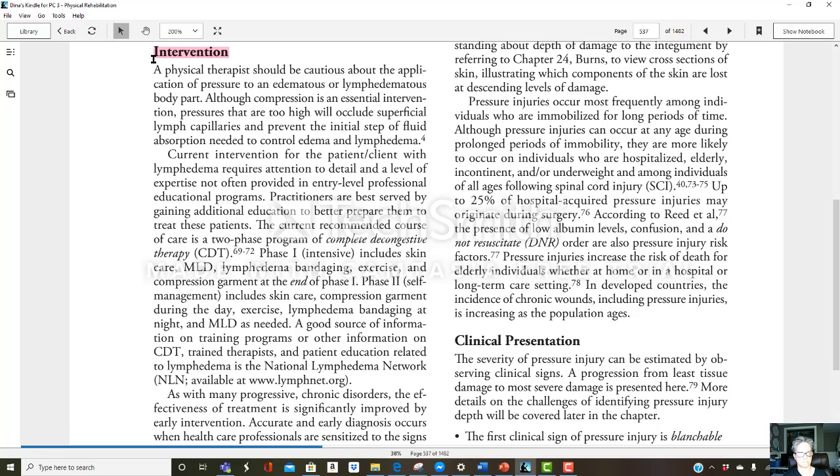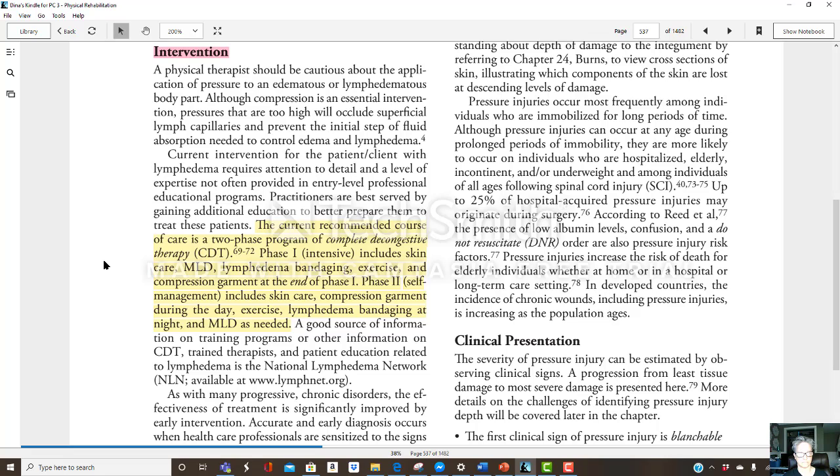The current recommended course of care is a 2-phase program of complete decongestive therapy, CDT. Phase I, intensive, includes skin care, MLD, lymphedema bandaging, exercise, and compression garment at the end of phase I. Phase II, self-management, includes skin care, compression garment during the day, exercise, lymphedema bandaging at night, and MLD as needed.